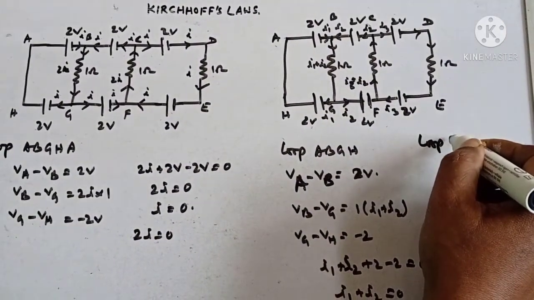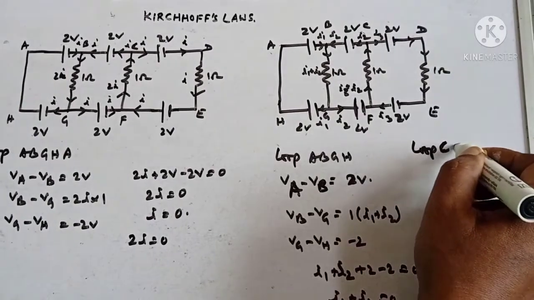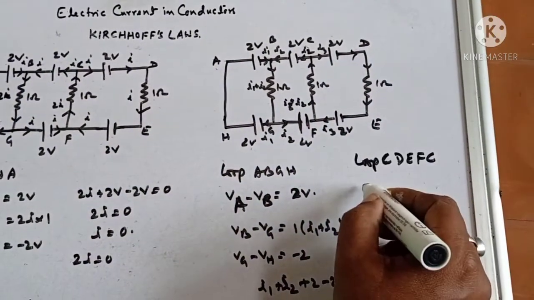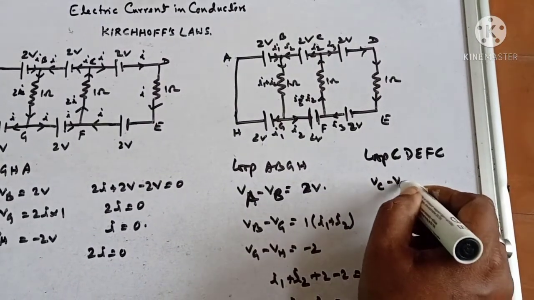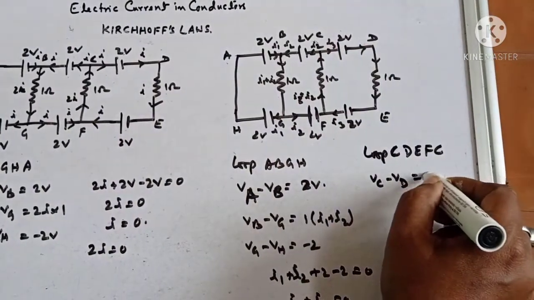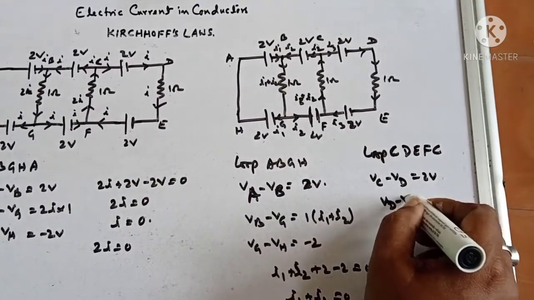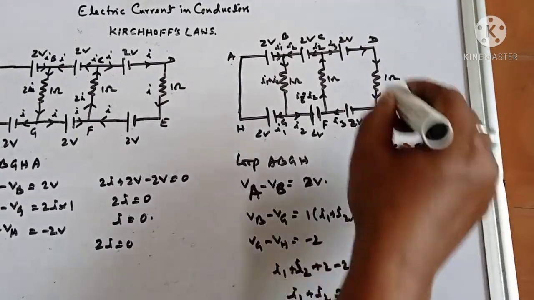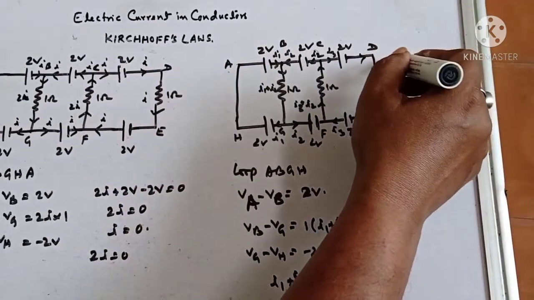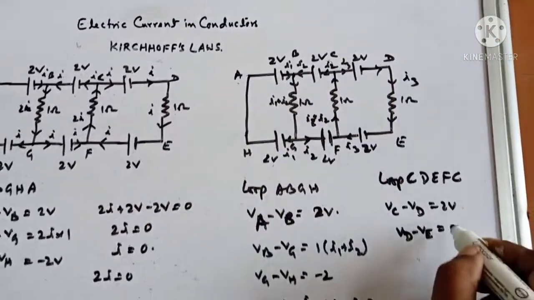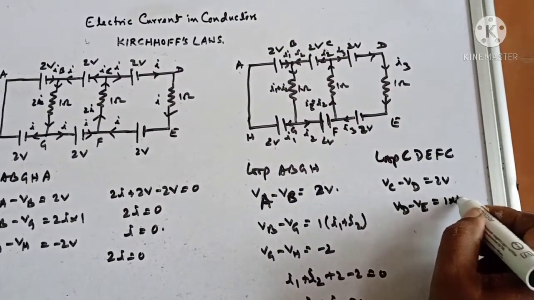And similarly, if you go to loop C, D, E, F, C. Here again you see VC minus VD from higher to lower, that is 2 volt, and VD minus VE, I3 current is flowing through this, so this will be 1 into I3.